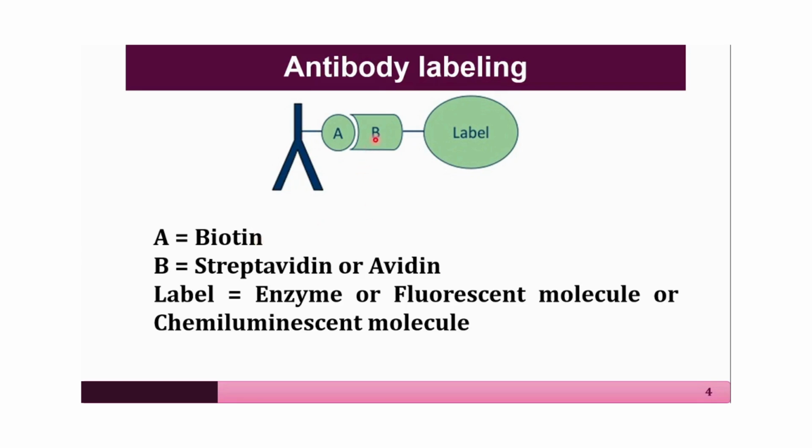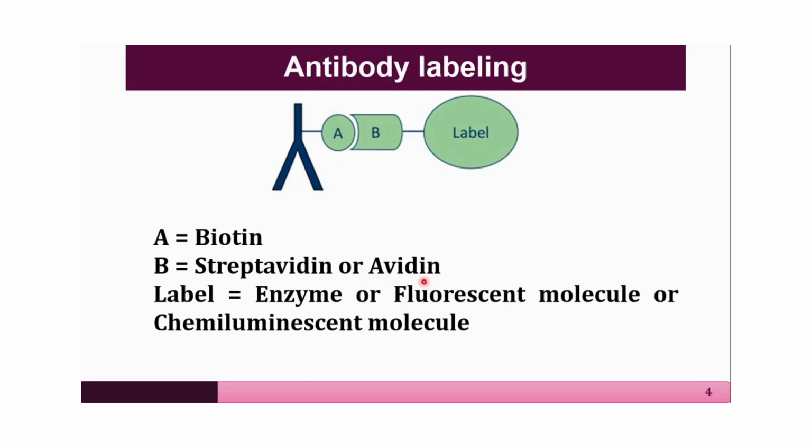And B is another molecule, that is streptavidin, or it could be avidin. The streptavidin molecule is obtained from Streptococcus bacteria, and it is a protein molecule which has a strong affinity for biotin. It binds to biotin.